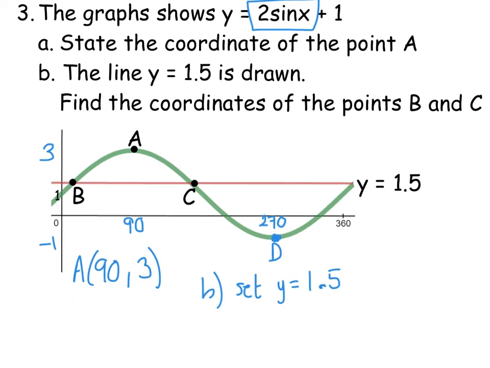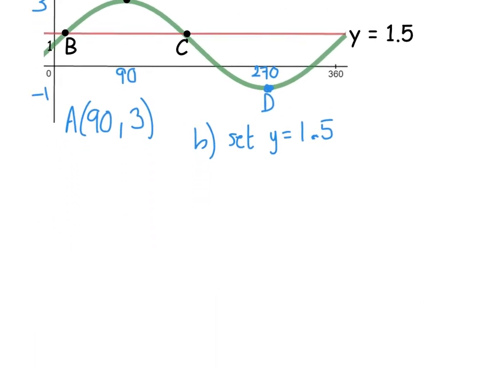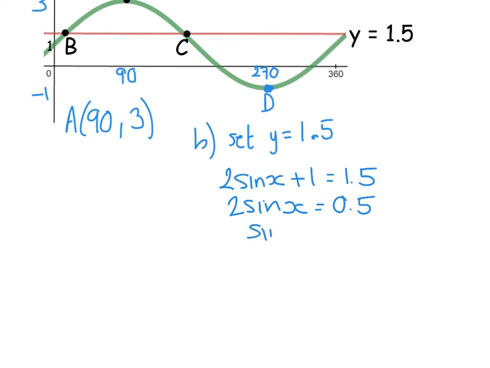So we're going to do 2 sine x plus 1 equals 1.5. We're going to take that 1 over. So 2 sine x equals 0.5. We're going to divide it by 2, so sine x equals 0.25. Now all sine, tan, cos again, they're looking for the positive ones. It's just coincidence. Sometimes we'll ask for negative ones, but for my example, they're turning out as positive.